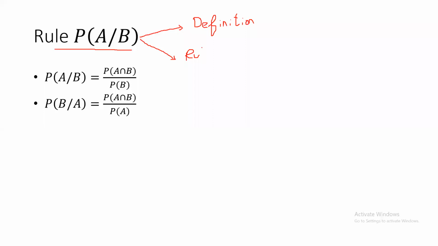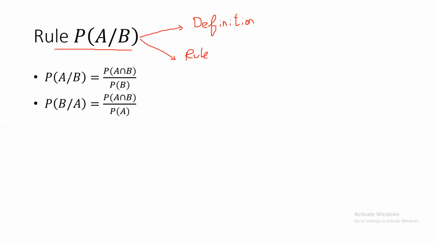In case we cannot calculate it by definition, we have to calculate it by rule. First, we think if we can calculate it by definition. If not, we calculate the conditional probability by the rule.